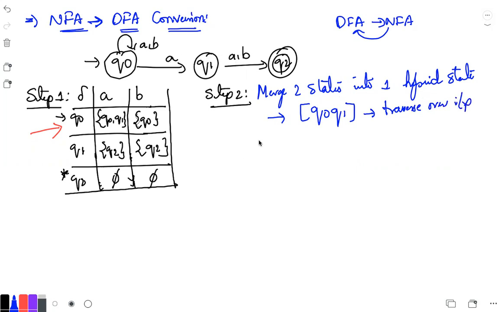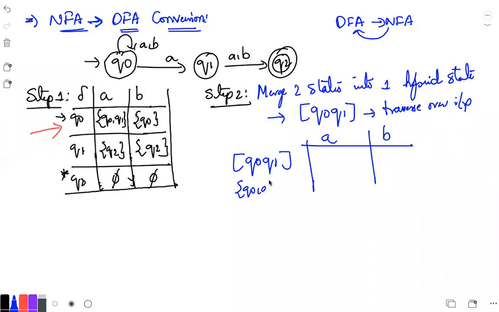A comma B. So Q0 Q1, I'm traversing it over A comma B. Actually there is no state Q0 Q1. There is a state Q0 separately, there is Q1 separately. But if I have merged these two, how you should look at it is Q0 on A union Q1 on A. For B, it will be Q0 on B union Q1 on B.